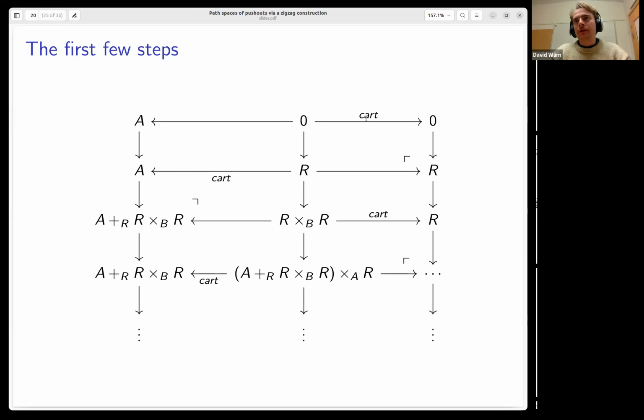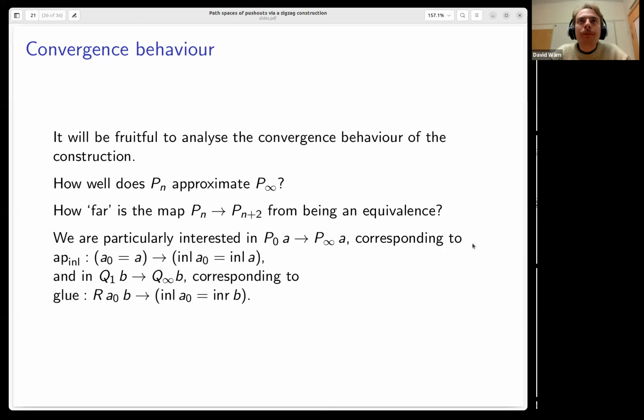I've marked the edges that are Cartesian over the underlying maps in A or B, as well as the squares that are pushouts. Okay, that's what I wanted to say about the diagrammatic presentation.